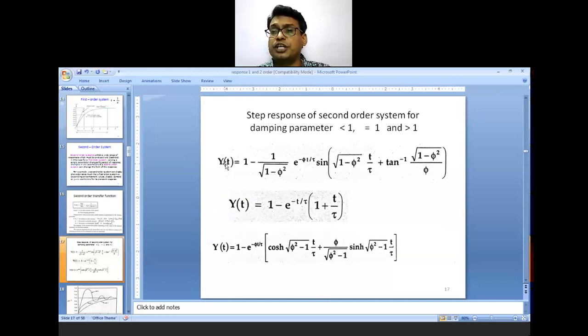I am not going into the details of the derivation part. You can see the derivation in any of the books. Then these are your three different responses. We are more concerned about the response and its analysis, that is of more importance.